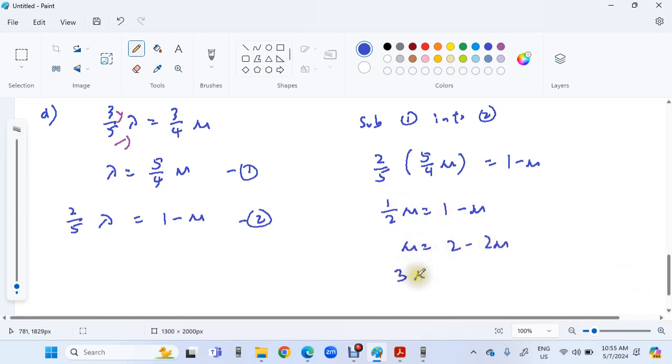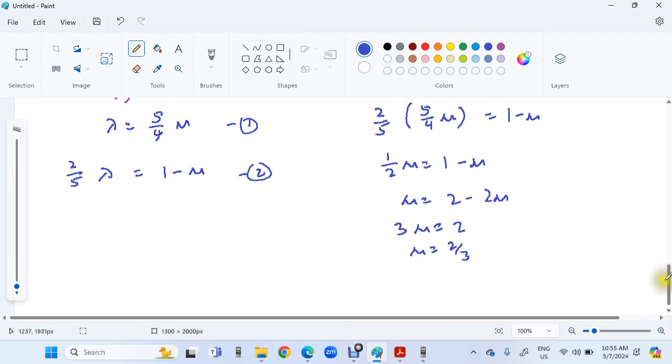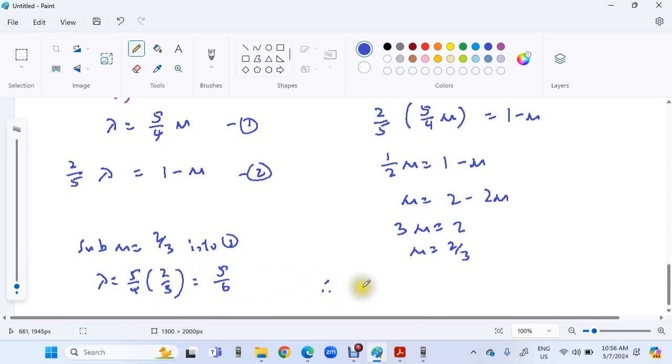Then 3 mu equals 2, mu equals 2 over 3. I can sub mu equals 2 over 3 into equation 1. Then lambda is 5 over 4 times 2 over 3, which is 5 over 6. So mu equals 2 over 3 and lambda is 5 over 6.